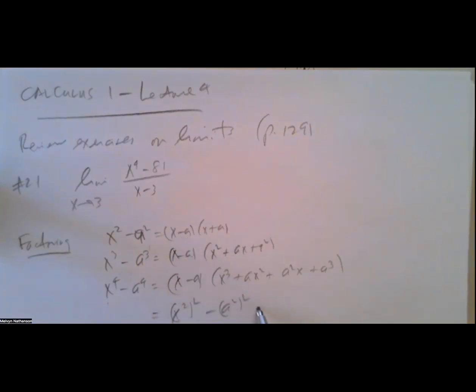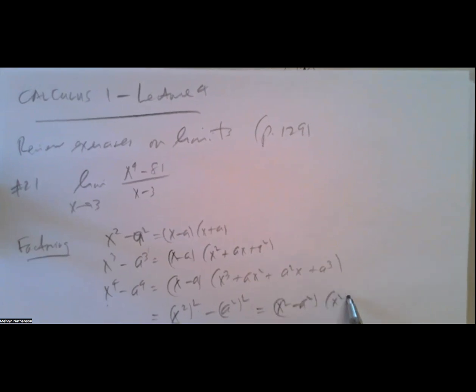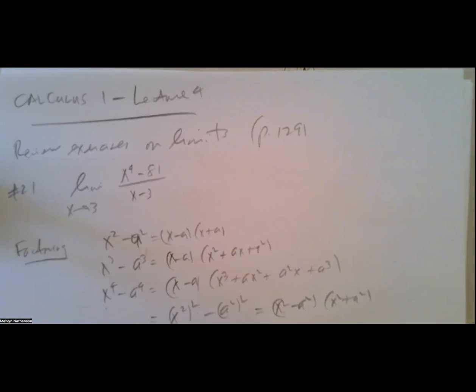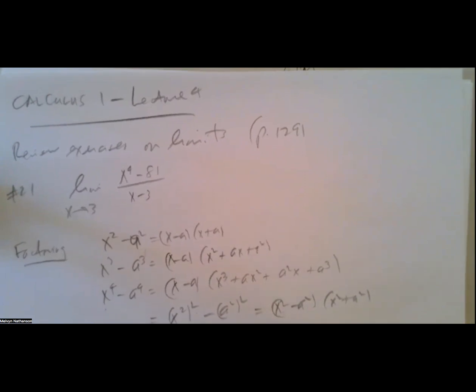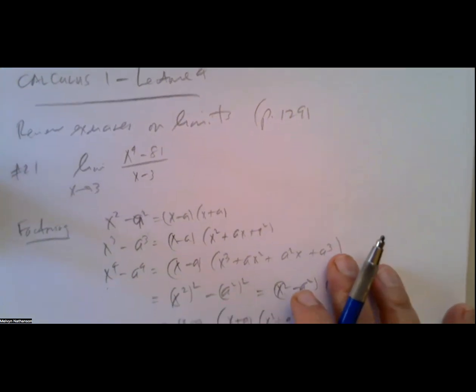Using this rule, we would get x squared minus a squared, x squared plus a squared. And we could factor this again. This would be x minus a, x plus a, x squared plus a squared, and so on. There are different ways of factoring it.